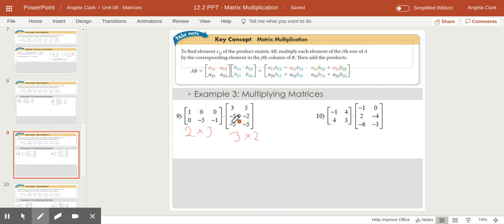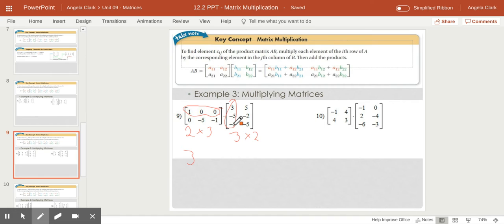Okay, so let's do this. The first thing we're going to do is the first row dotted with the first column. So 1 times 3 is 3. 0 times negative 5 is 0. 0 times negative 5 is 0.